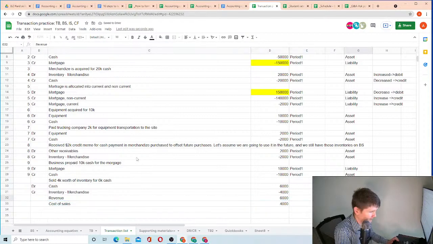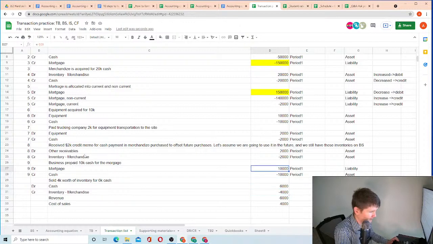But it still doesn't balance. So we are doing something wrong. Mathematically, if we want everything to balance, we need to make revenue with a minus and cost of sales with a plus.